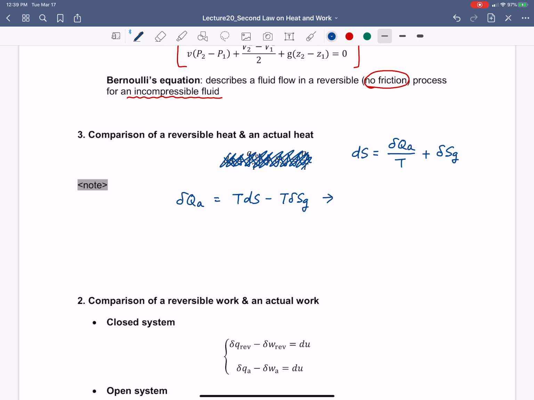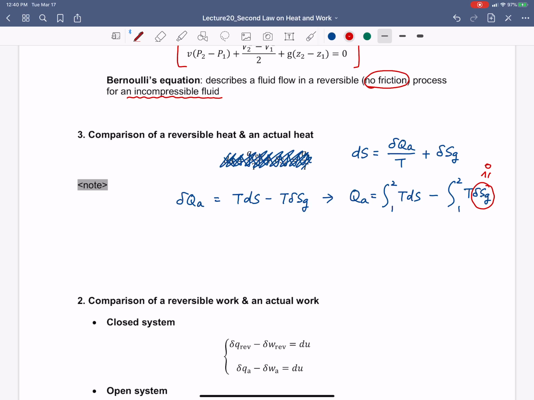Or Qa can be written as the integration from 1 to 2 of T dS minus the integration from 1 to 2 of T δSg. Again, remember that this is entropy generation that is always greater than or at least equal to 0.